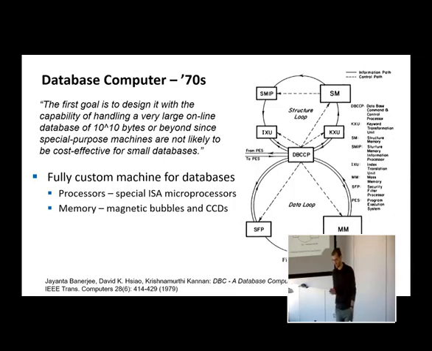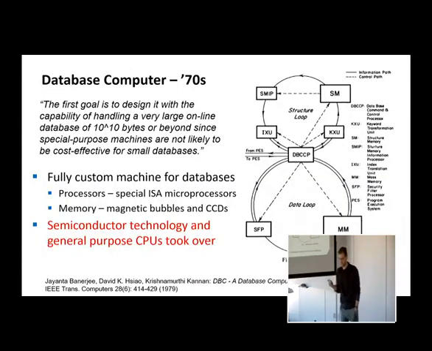And I have to admit, I had to look these things up when I was reading this paper, because I honestly didn't know what magnetic bubbles are. But in the 70s, they assumed it was going to revolutionize computers. Since you probably don't know what it is, it didn't revolutionize computers.